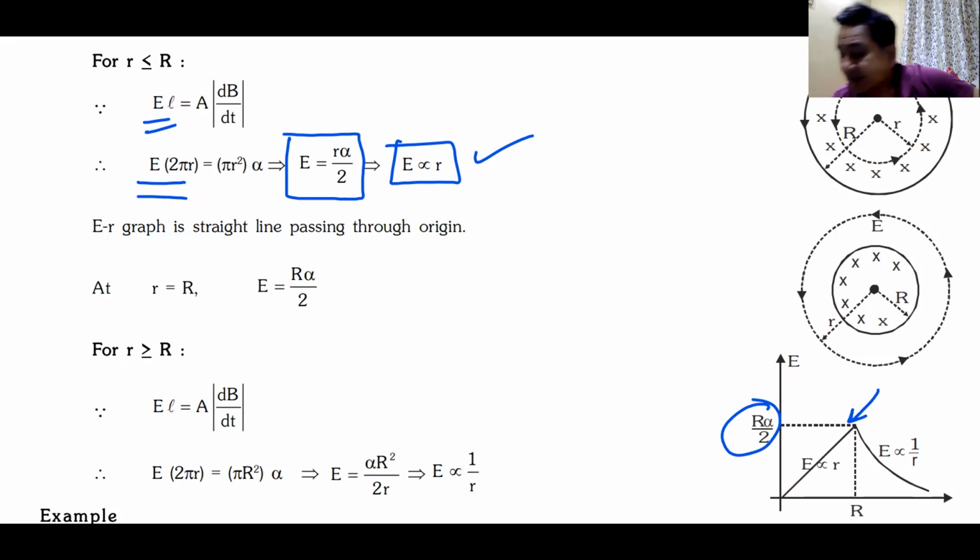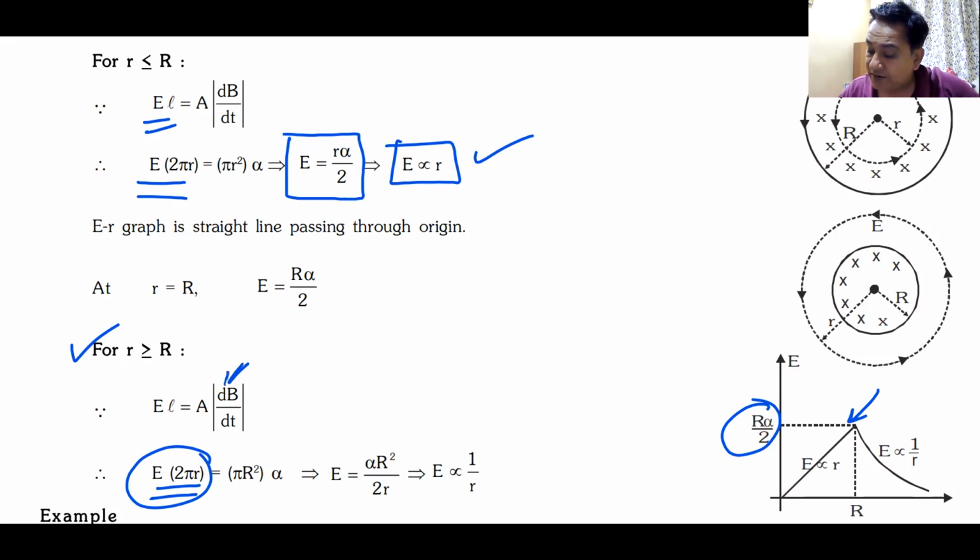Yes, sir. Then you will have points which are outside this cylinder. Now what happens for outside this cylinder? Integral of E dot dl becomes E into 2 pi r. But when you find area into dB by dt, it will only have that much flux which will be coming in this area which is enclosed by the cylinder and not the entire area, because outside the cylinder there is no magnetic field.